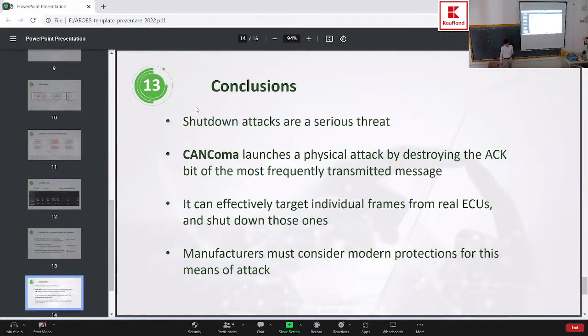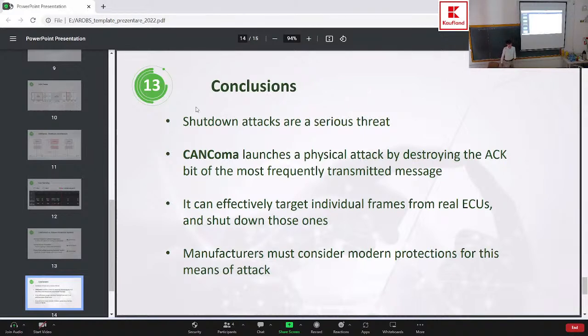And the conclusions: shutdown attacks are a real concern to the automotive industry. CanComa launches a physical attack by destroying the acknowledgement bit, and by this approach we are targeting individual frames from real ECUs, so we can force them into shutdown.